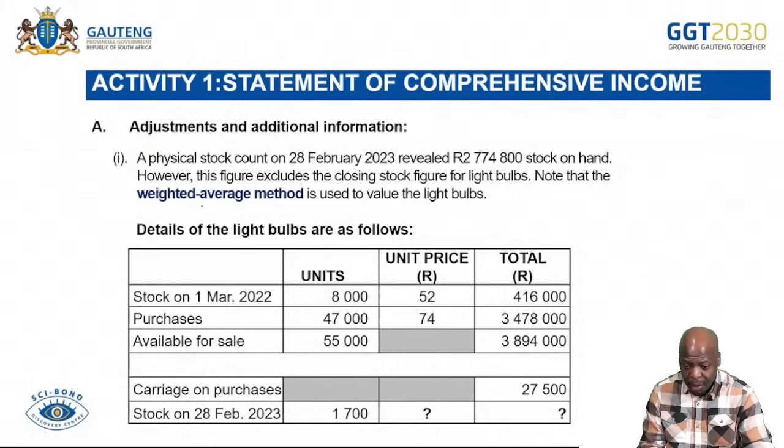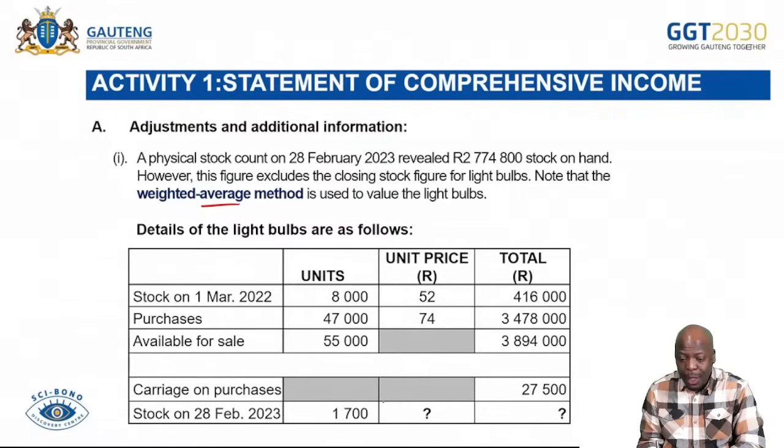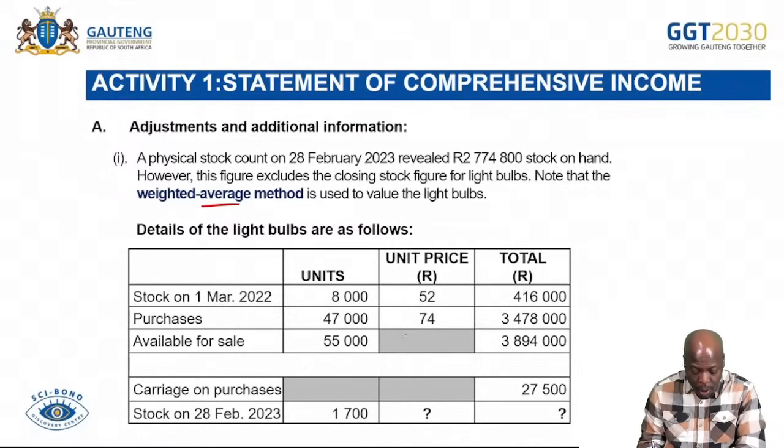Note that the weighted average method is used to value light bulbs. So we would want to know, because we are told that we have this stock on hand, however this figure excludes the value of closing stock, the value of the units that have not been recorded. And we're told that we use the weighted average method.